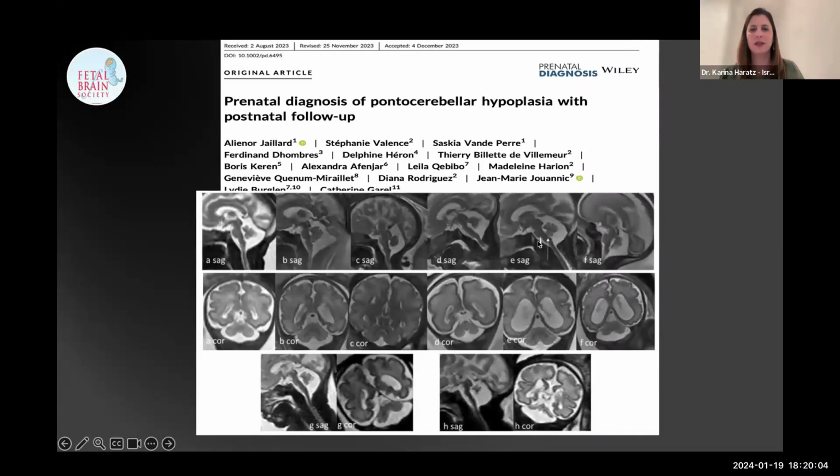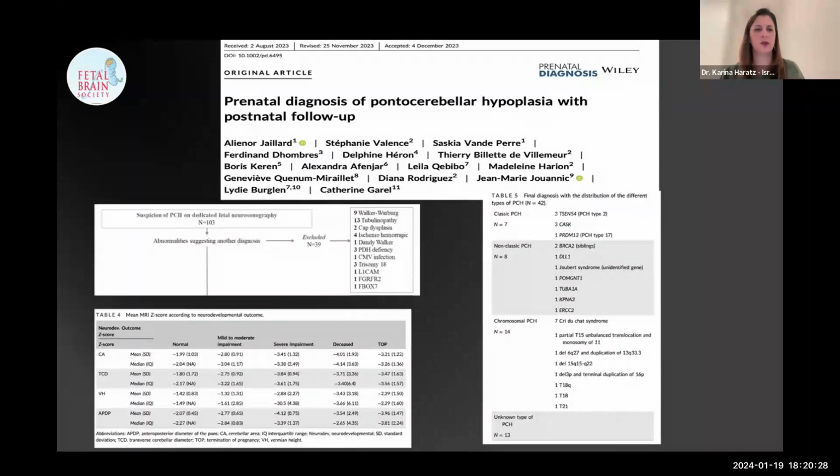But here and here and here, it can be quite challenging. It's very rare that we see a coronal view of the dragonfly, which is the classic postnatal view of the many types of pontocerebellar hypoplasia. But see here, the coronal views in many cases are not quite informative in the fetus.